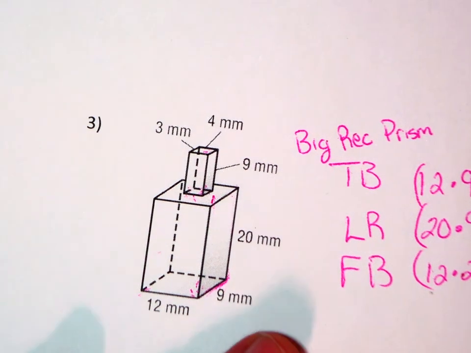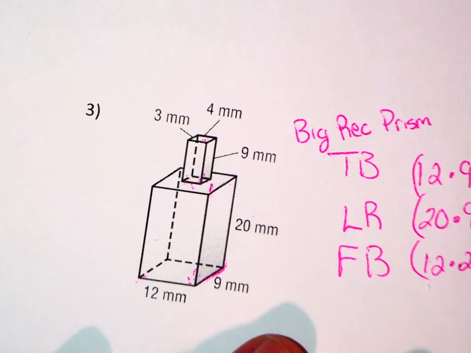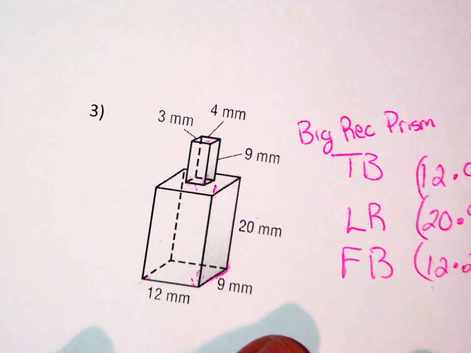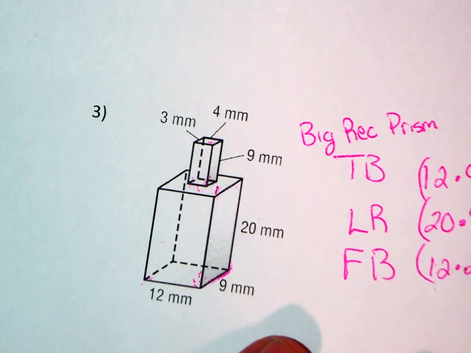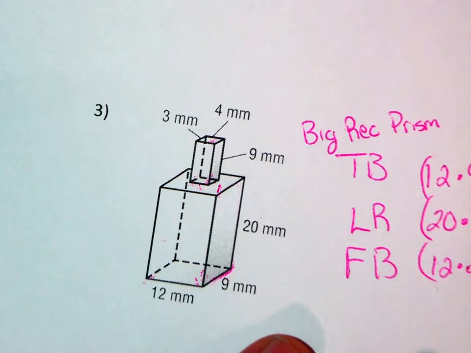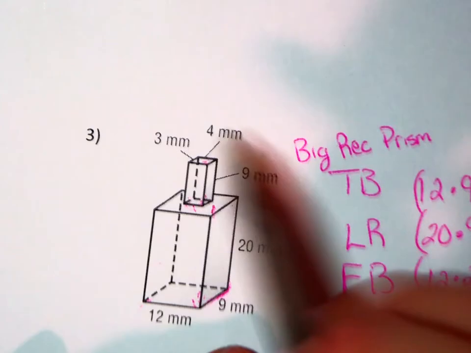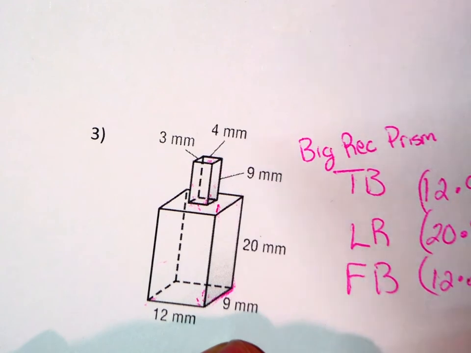And it makes a lot more sense, I think, when you look at actual two objects together. When you hold the two objects together and you look down on it from above, the actual surface area of the big shape is what you're calculating. So I'm going to go ahead and leave all of my big rectangular prism answer alone and just calculate the surface area for my four sides of my small rectangular prism.